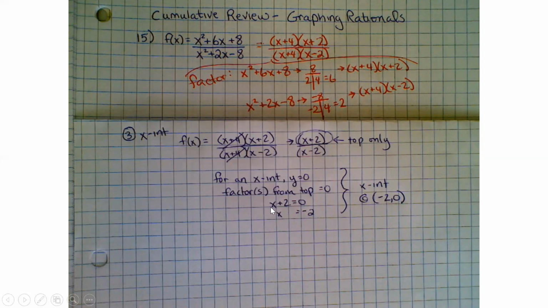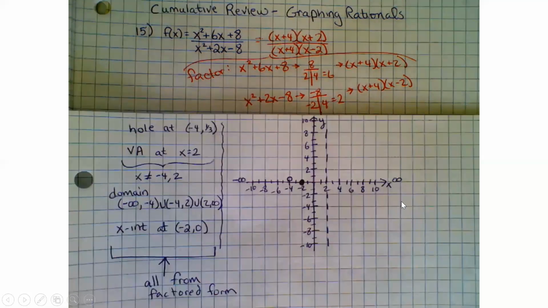So we take this factor from the top, set it equal to 0, and solve. If you have more than one factor left up top, you would have more than one x-intercept, but for each one you get an x value, and then y is 0. So we have an x-intercept at negative 2, 0. Now I can put that on my graph as well. It's right there. All of this is from the factored form I have up here in red.